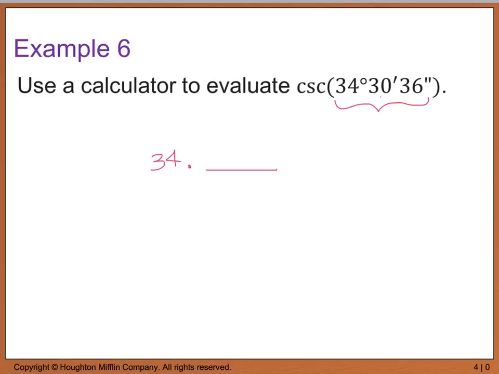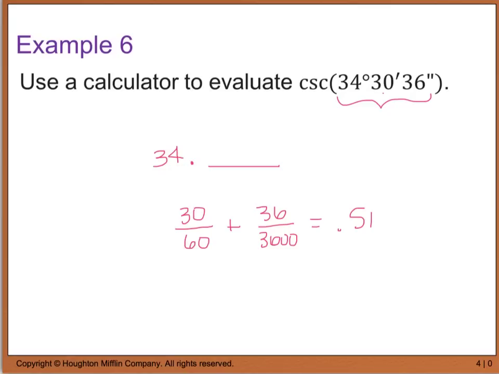To come up with this something, we're going to take 30, and that's 30 minutes. So we're going to divide that by 60, and then we're going to add it to the 36, and that's seconds. So we're going to divide that by 3,600. And this will give us a decimal of 0.51. So my degrees then is going to be 34.51 degrees.